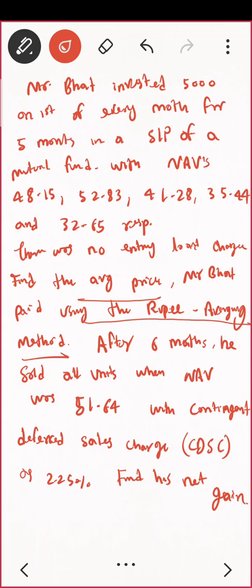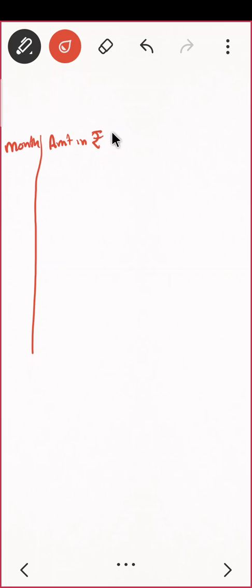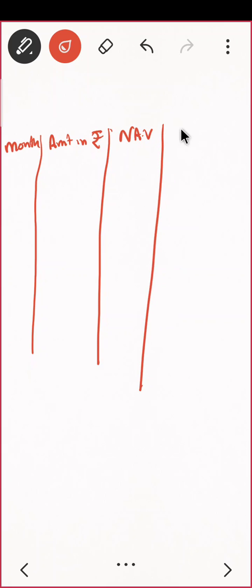Let us understand what the rupee average method is. Before that, we need to make a table first. Let us make a table. First it will be month, second amount in rupees, third NAV, and fourth number of units.